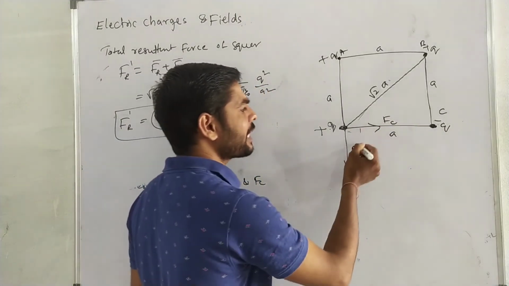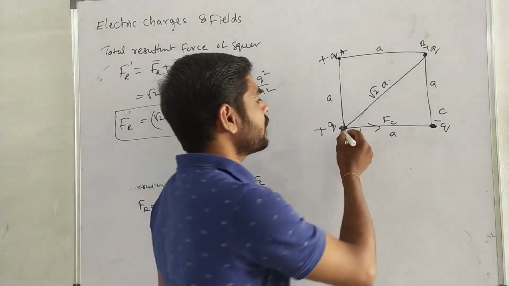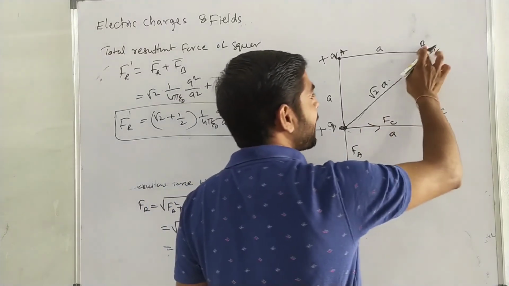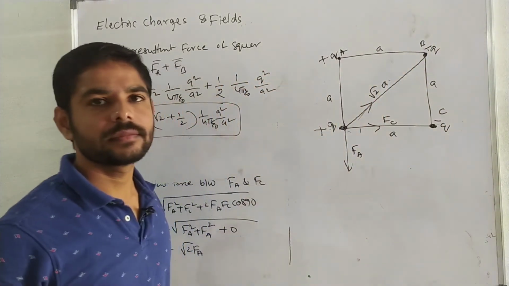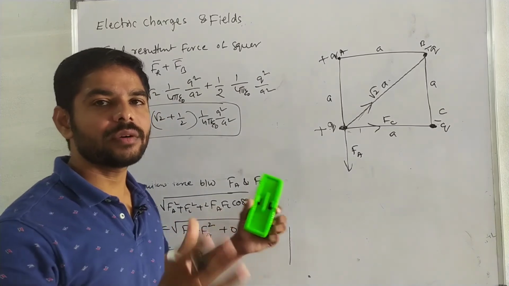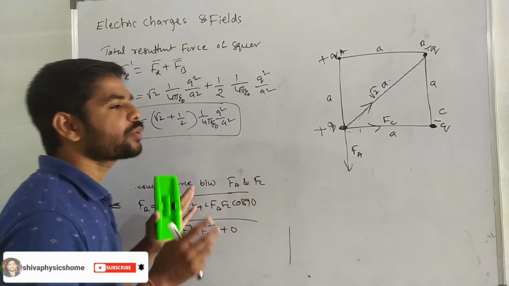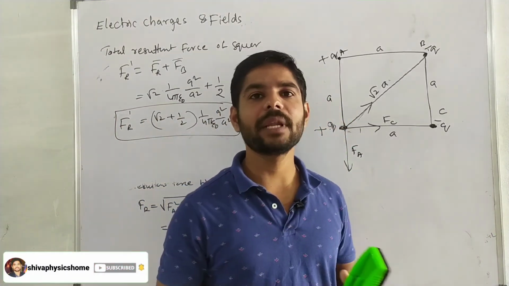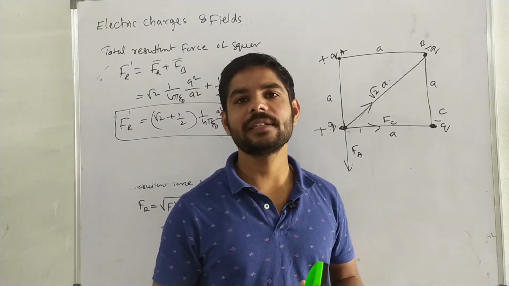Again here it carries the same value, but the direction changes, and here also some resultant force will be active. And you can say if it is minus, the direction will also go like this. Okay, this is a different concept where it is used, and this is about the complete square and equilateral triangle. Anywhere you can place it, and any charges you can place, we can solve it. This is the procedure for all electric charges and fields.